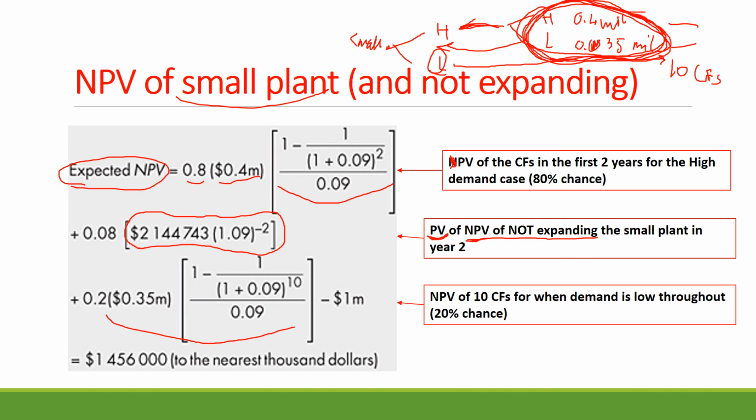This is a low demand scenario throughout the years, right? This is our initial cost of investing in a small plant, and therefore we can work out the NPV for choosing the small plant and not expanding it, right?